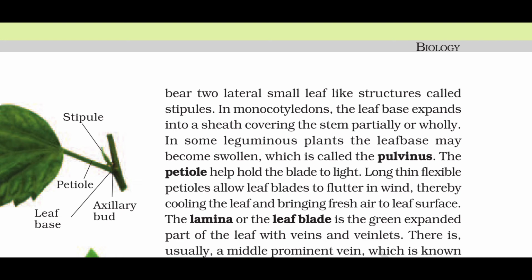In monocotyledons, the leaf base expands into a sheath covering the stem partially or wholly. In some leguminous plants, the leaf base may become swollen, which is called pulvinus. See, in monocots like wheat, the leaf base is expanded into a sheath covering the stem partially or wholly.